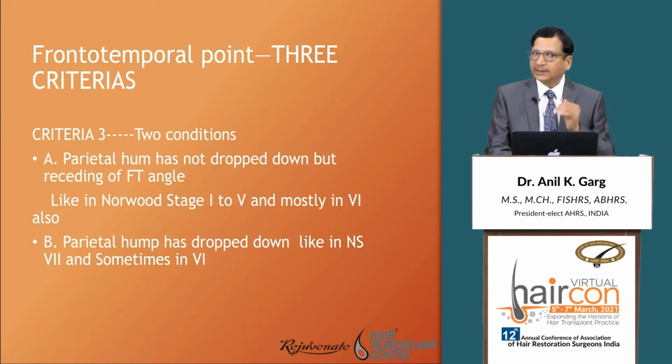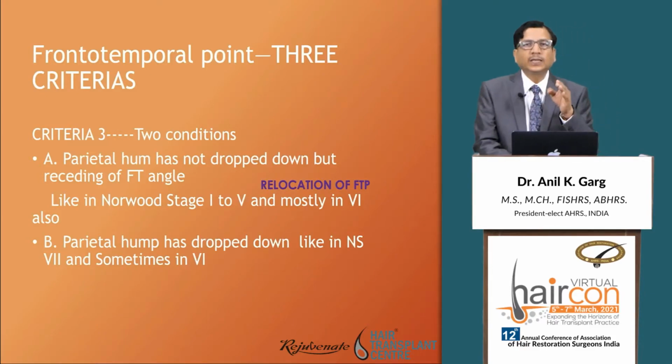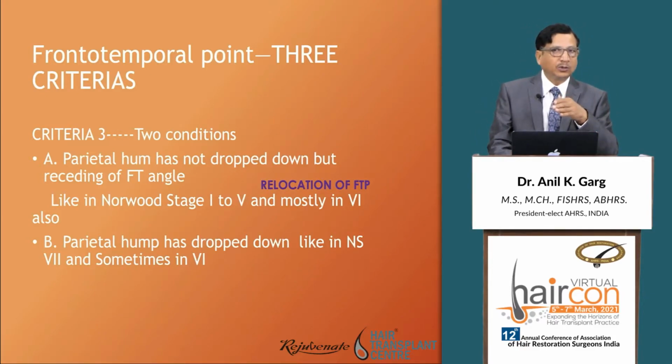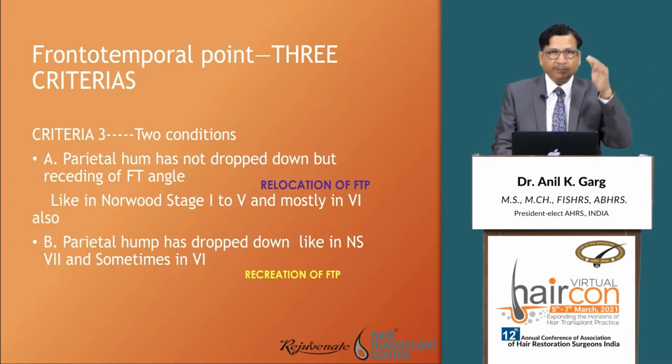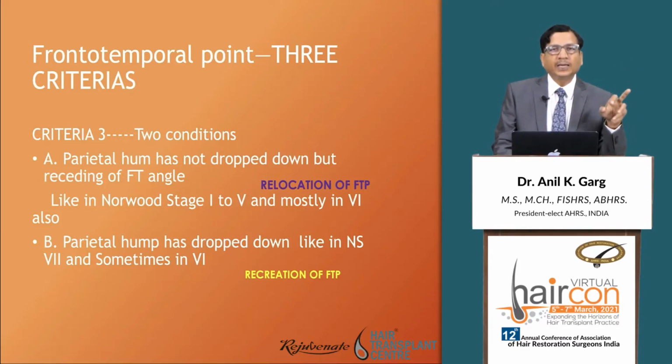So both conditions are different. In the first condition, where the parietal hump is there, you relocate or reposition because the FTP is there but it got receded. But when the parietal hump has dropped down, then you recreate, because one of the planes, the parietal hump, is not there. Let's go one by one.